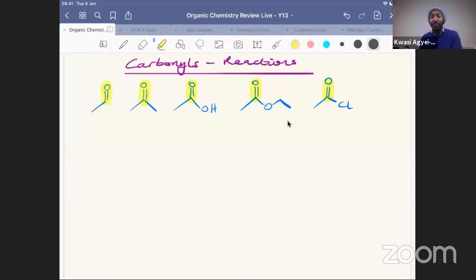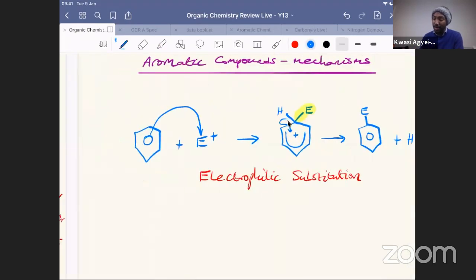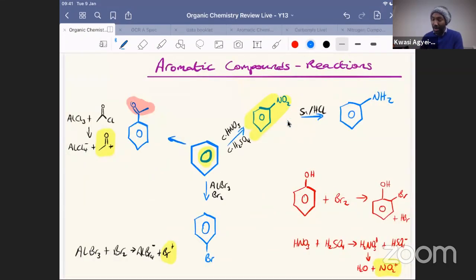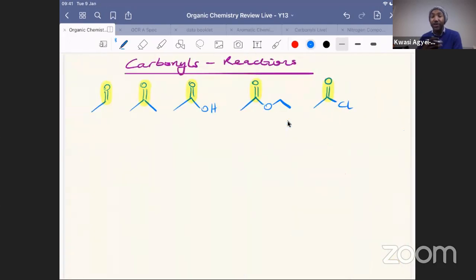Okay, so we can essentially draw a similar reaction scheme like we did for benzene, showing all the different transformations we can make to firstly form a compound containing a carbonyl group, and then also to look at all the different reactions that we can carry out on the carbonyl functional group.